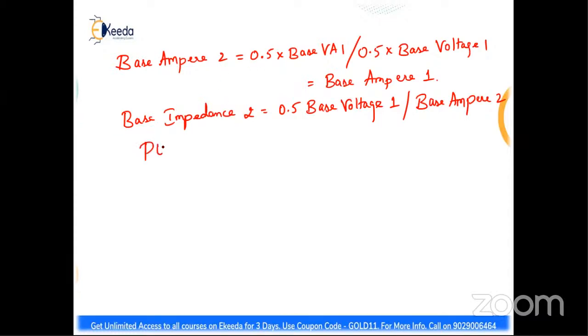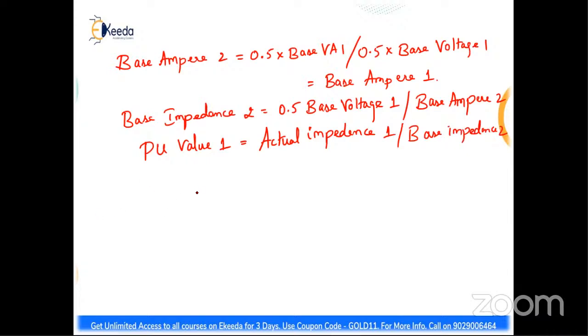Therefore, the PU value 1 is equal to the actual impedance 1 divided by base impedance 2.